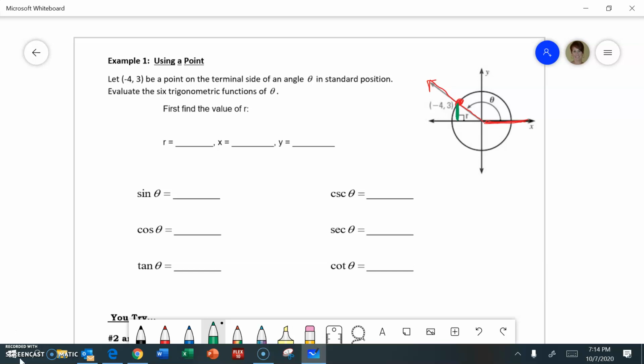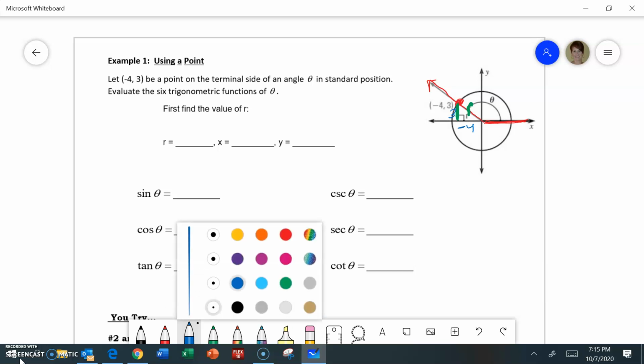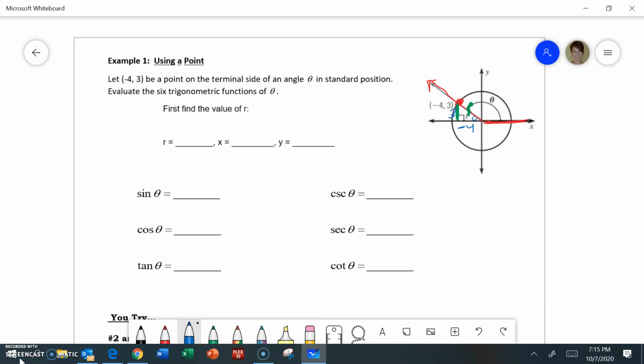Remember, this r is representing your radius, and since we went to the left 4, I'm going to keep putting negative 4, and then we went up 3. So you have this right triangle, and your theta is basically that angle that is tucked in between that radius and the x-axis.